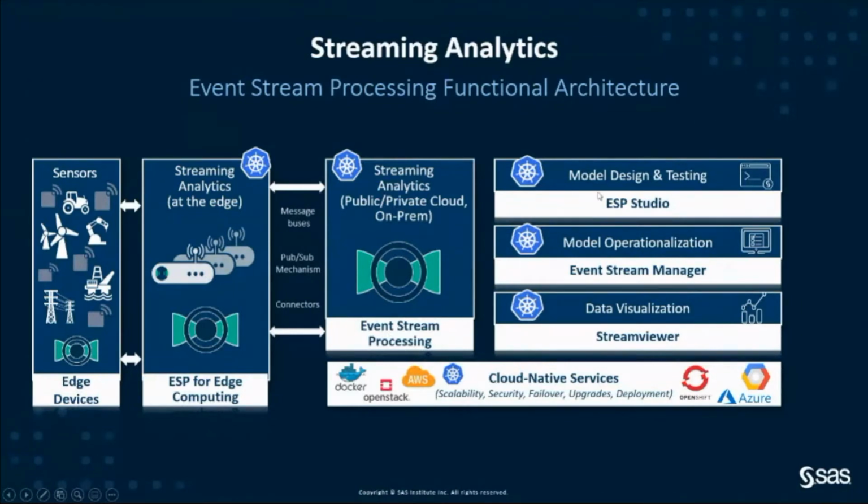We have the design and testing environment, ESP Studio, where you can create these streaming analytics models. For operationalization, Event Stream Manager manages the deployment, the versioning, and how many resources you would like to provide for each server and their resource consumption. All the decisions are made here.